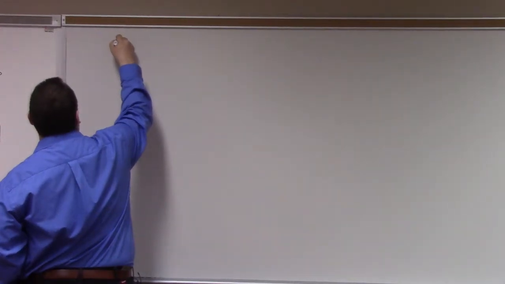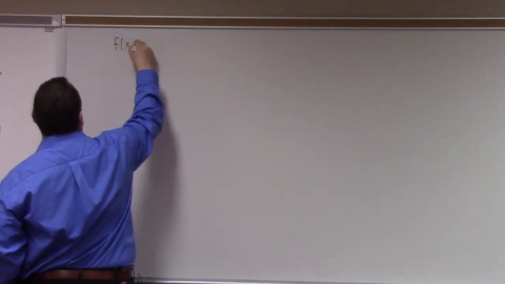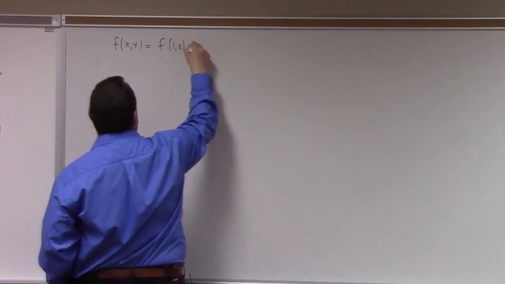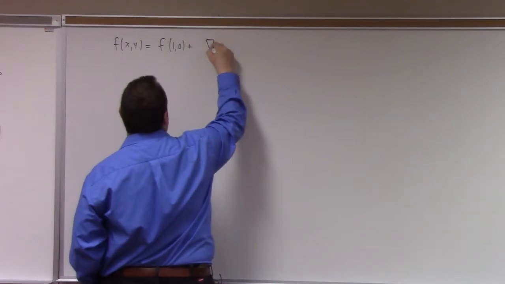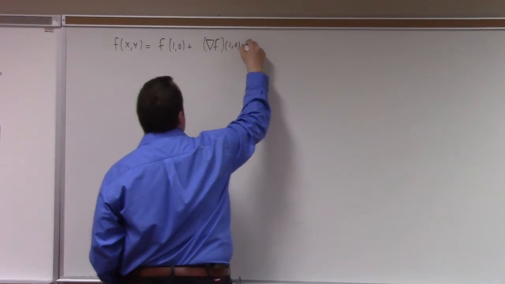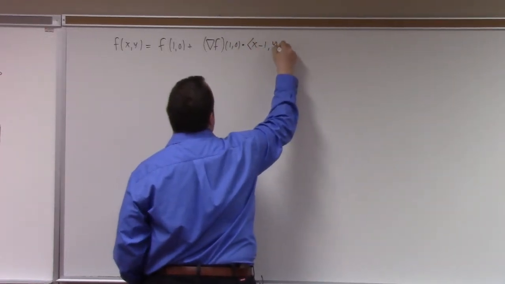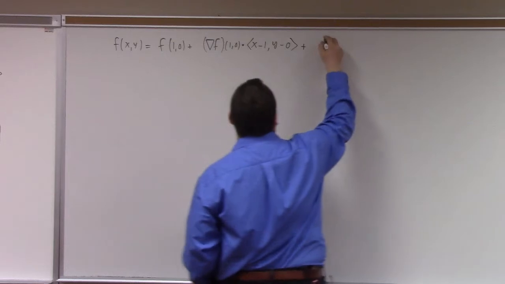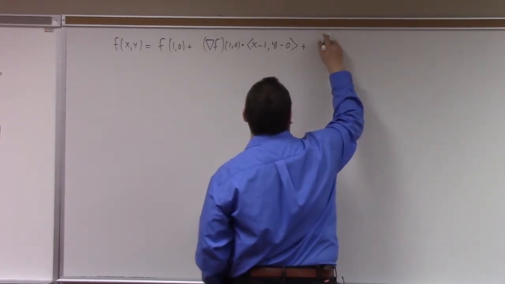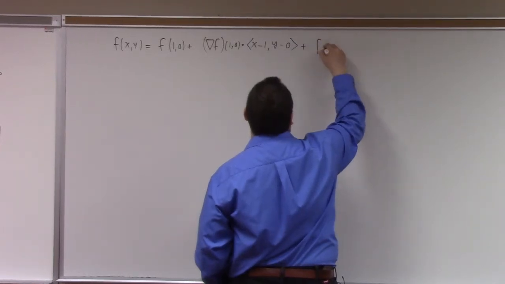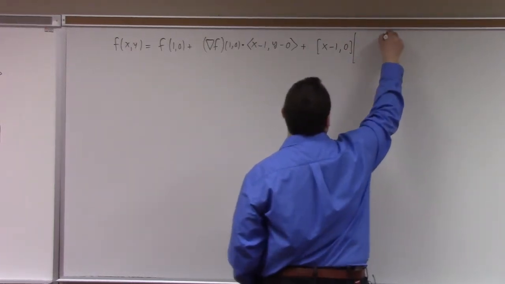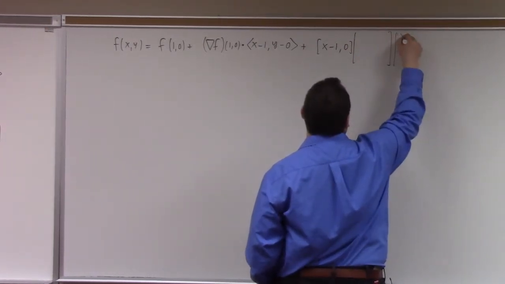Now, I told you guys that the theorem is that f of (x, y) is f of (1, 0) plus the gradient of f at the point (1, 0) dotted with (x minus 1, y minus 0), plus, well, anyway, over here we have (x minus 1, y) times the Hessian matrix times (x minus 1, y), right?